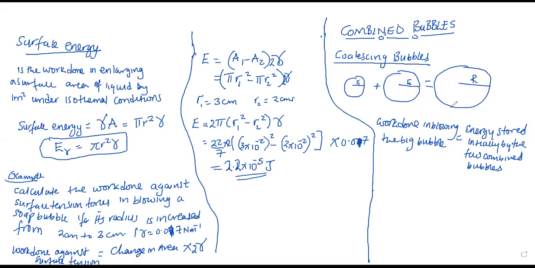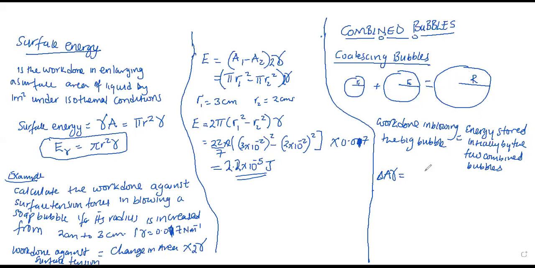If you're looking at the work done in blowing this resultant bubble, it is equal to the energy we had before when these two bubbles had not yet combined. The change in area times gamma gives us the work done in blowing the resultant bubble.